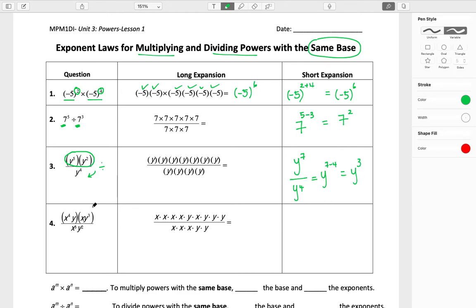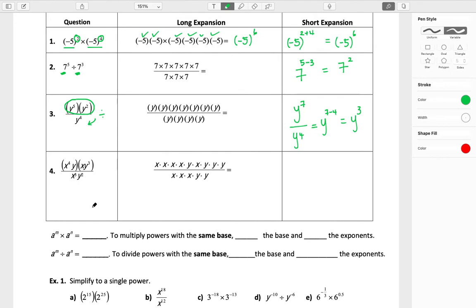Now example 4. Same thing here. This is in long expansion form, but we don't want to do long expansion. We want to do the short way using the exponent laws. In this case, it looks like we're going to multiply the numerator, but only the same base applies the exponent law.